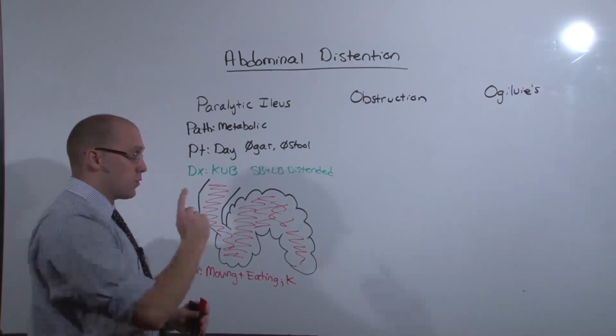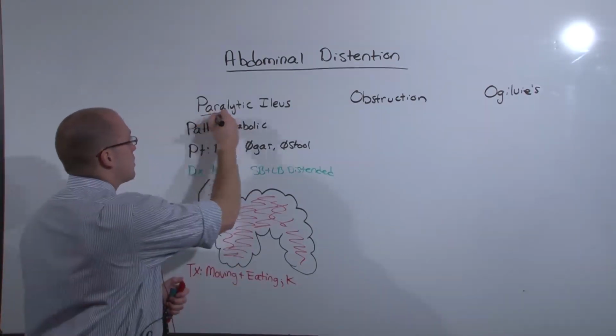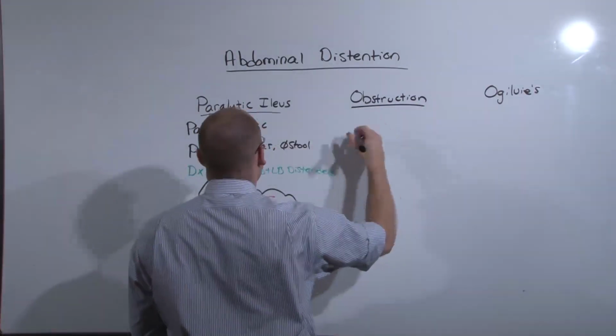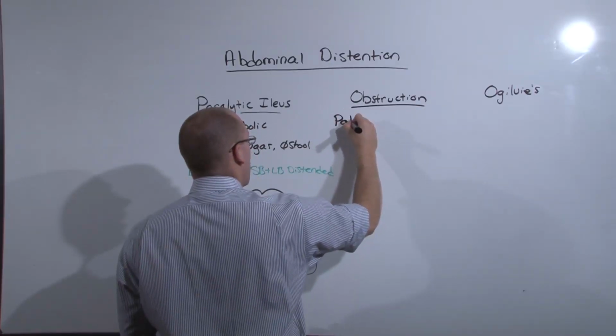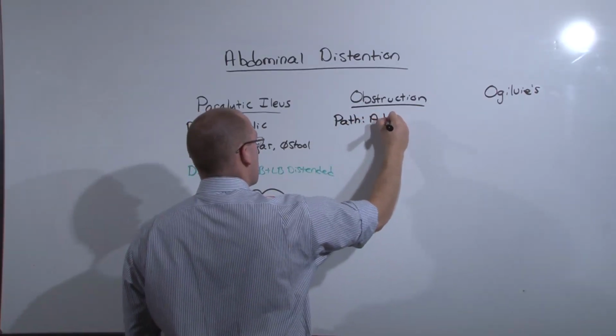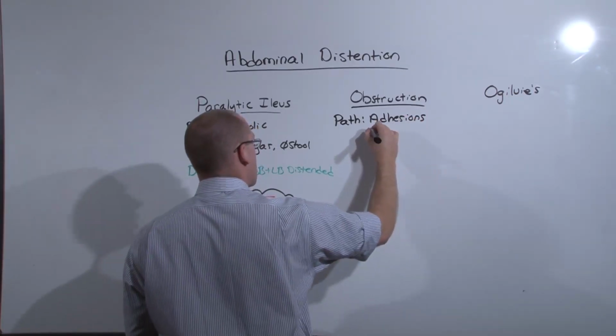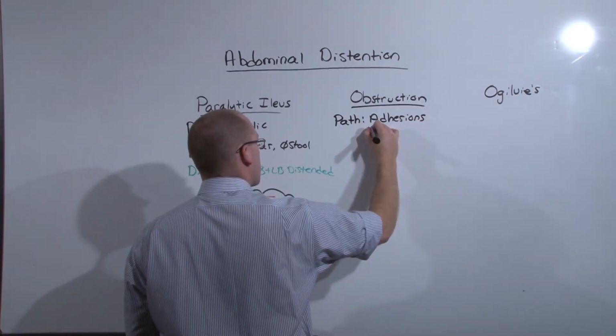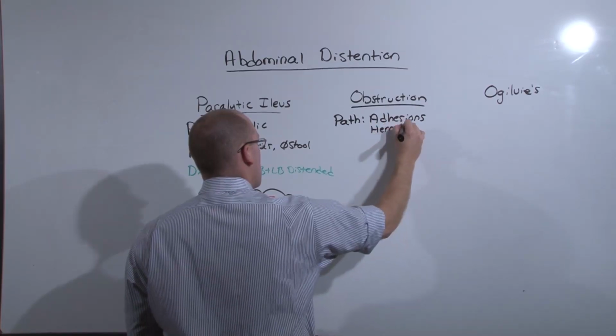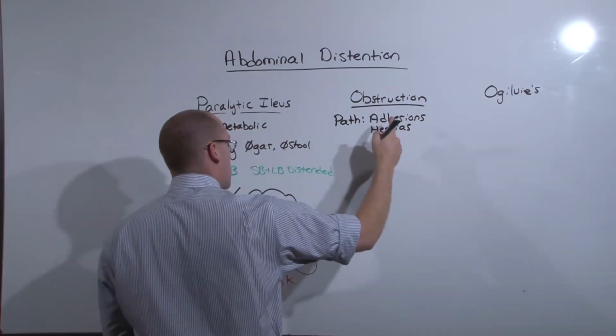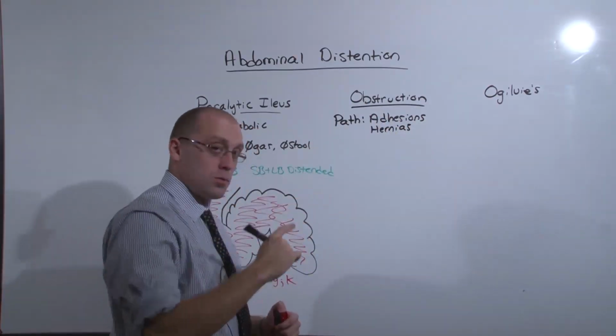This is different from obstruction, because in obstruction, the pathogenesis is either adhesions or hernias, and you'll see more about this in the small bowel obstruction lecture, that cause an obstruction to flow completely.